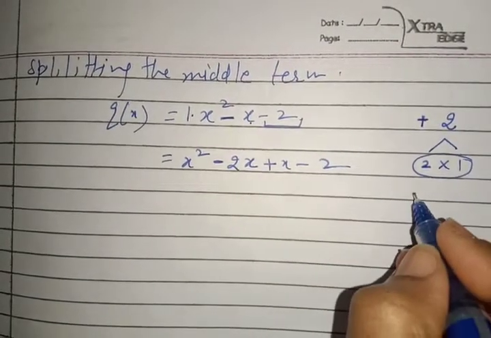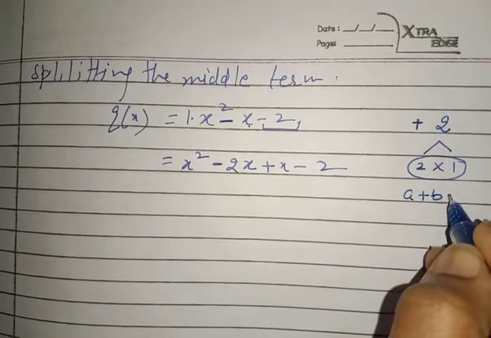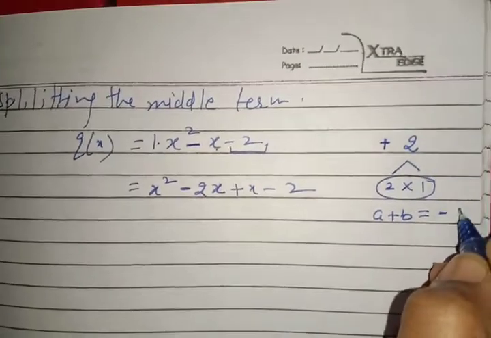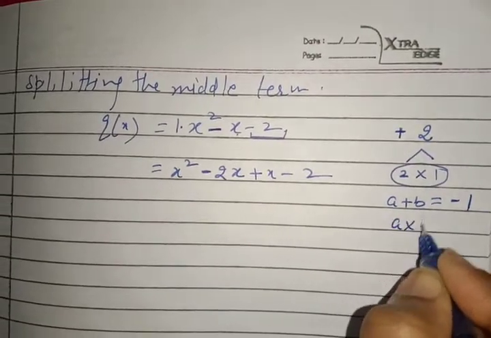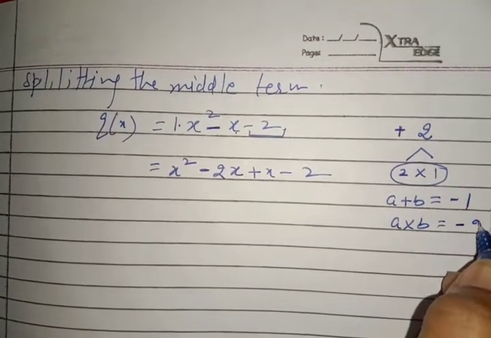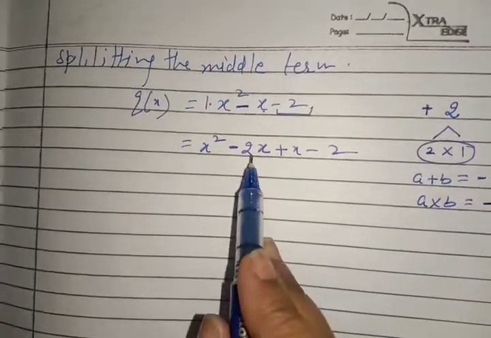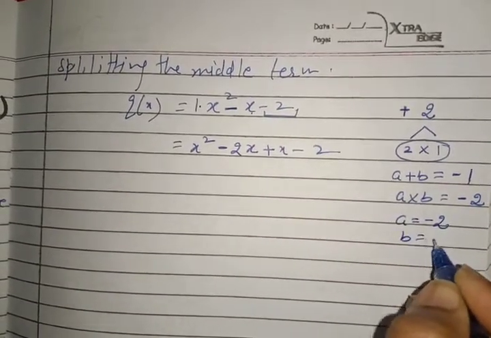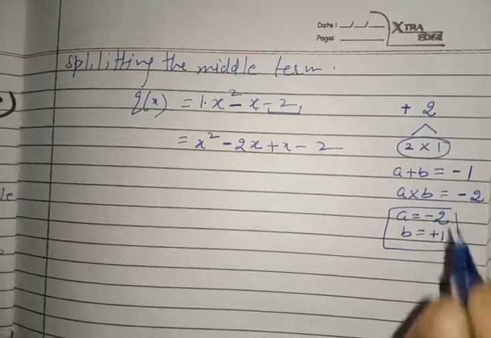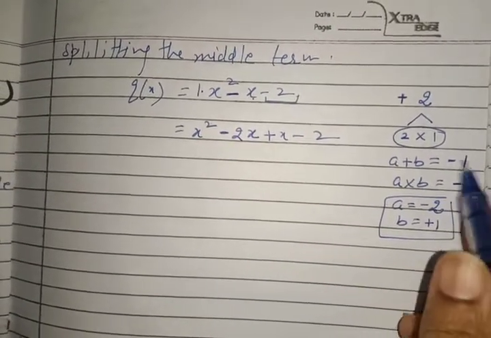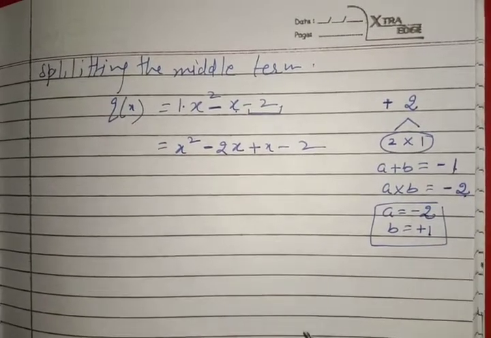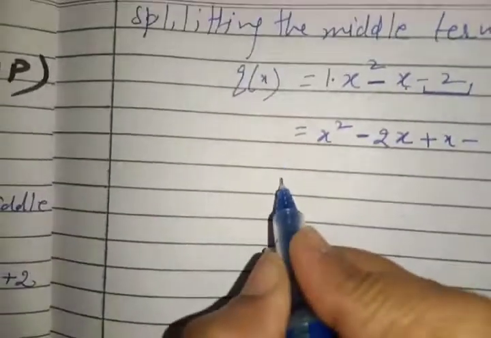How do we need to split it? We need to find two numbers whose sum is minus 1 and whose product is minus 2. So you can see a here is minus 2 and b here is plus 1. Now you can check. Minus 2 plus 1 is minus 1 and minus 2 multiplied by 1 is minus 2. So this is the correct step.